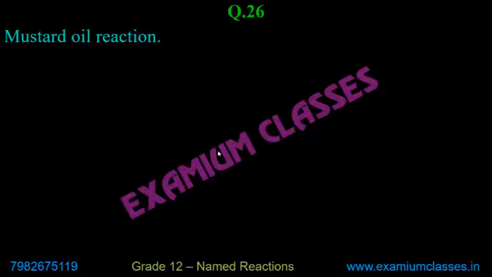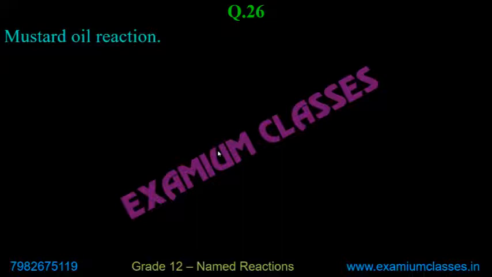You need to have primary amines, whether aliphatic or aromatic. Again, there we had alcoholic KOH, but here we will have alcoholic carbon disulfide. And then we will heat it with mercuric chloride, not mercurous chloride, HgCl2.